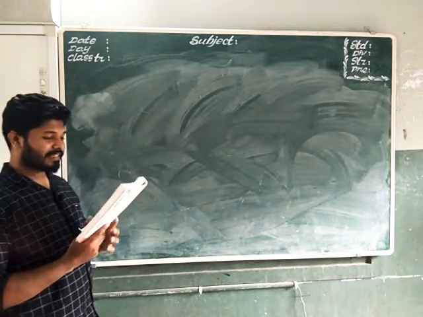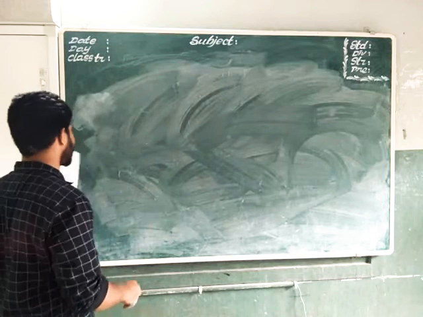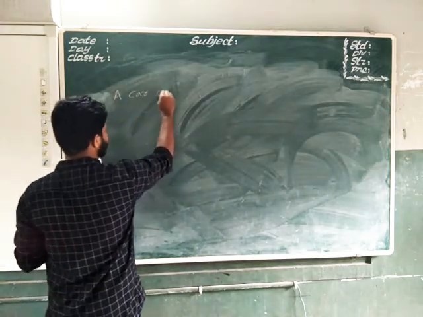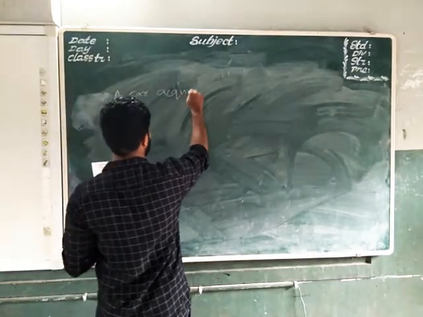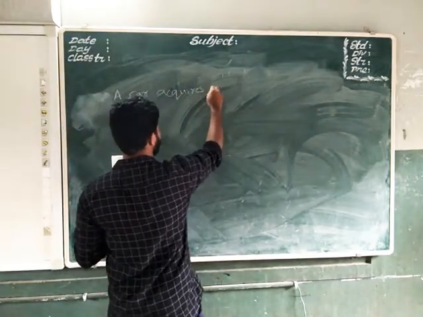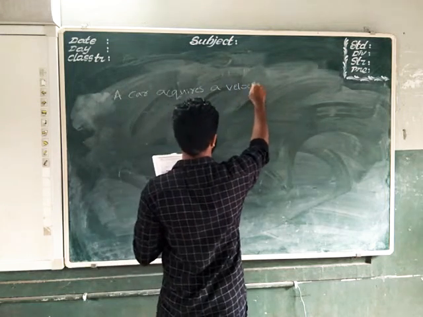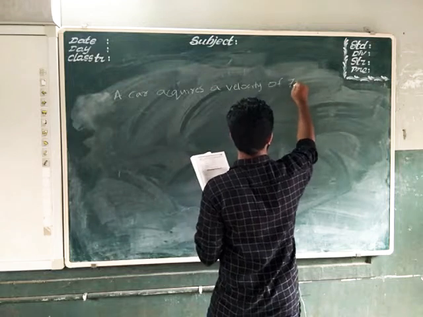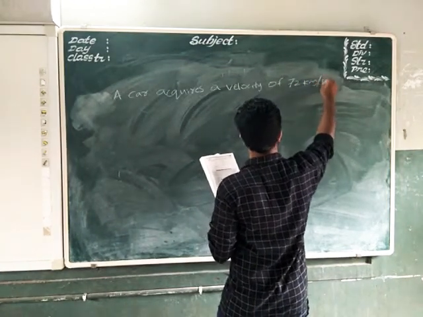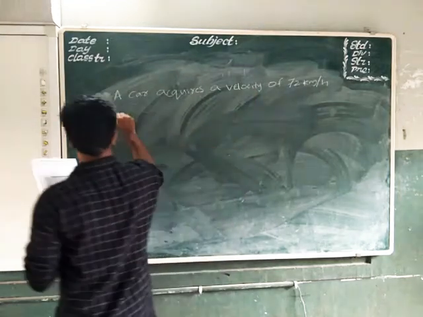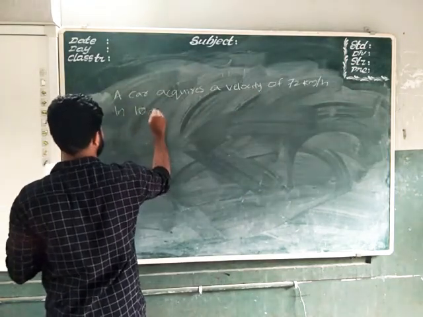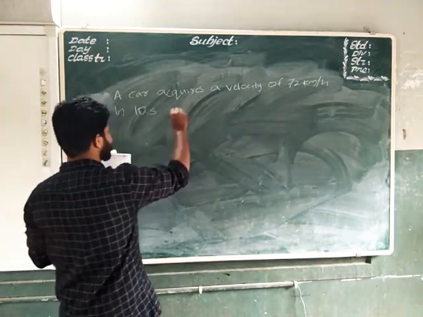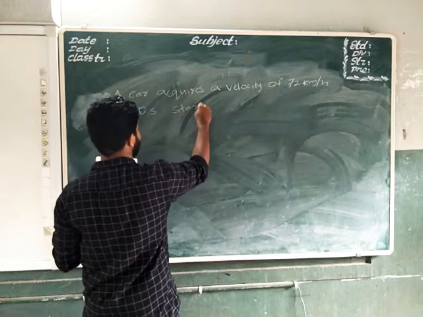Okay, there are 3 cases in this question. This question is a little more interesting. A car acquires a velocity of 72 kilometer per hour in 10 seconds. I think I have given you this question as a task. Anyway, let me continue.